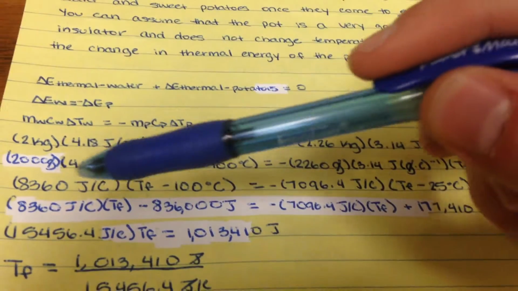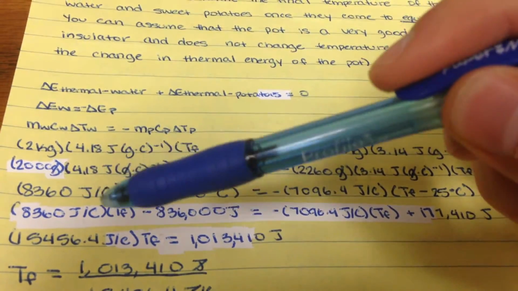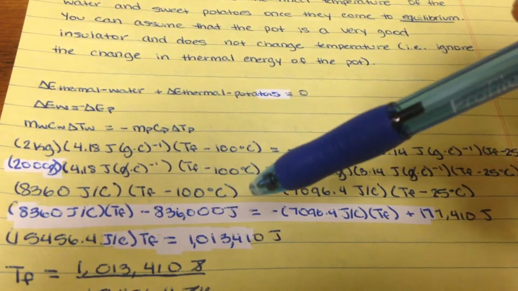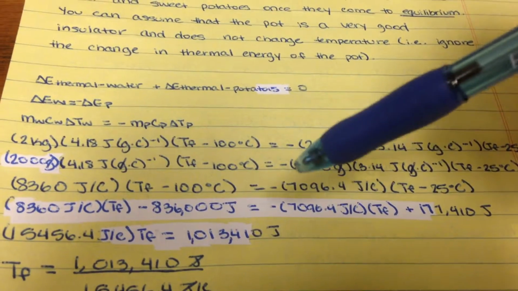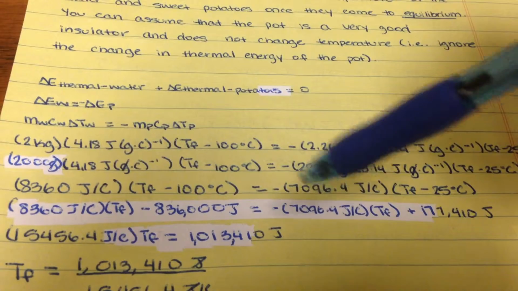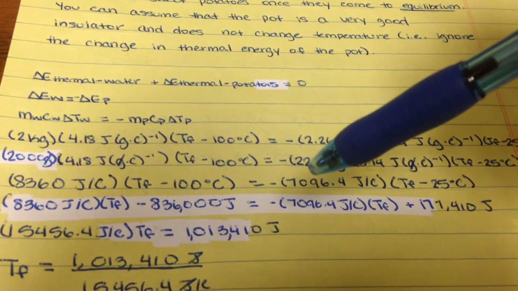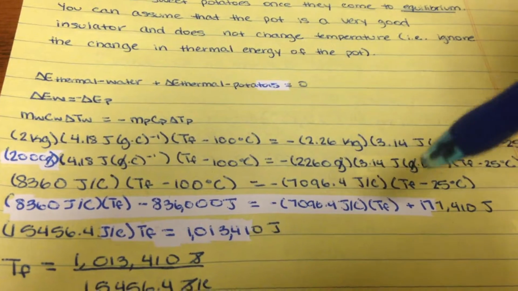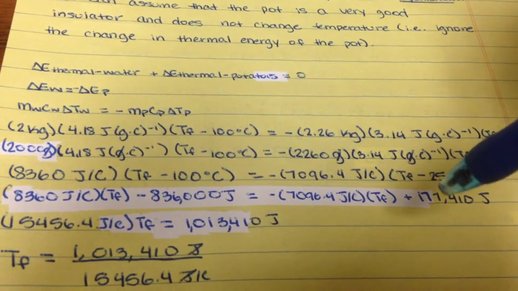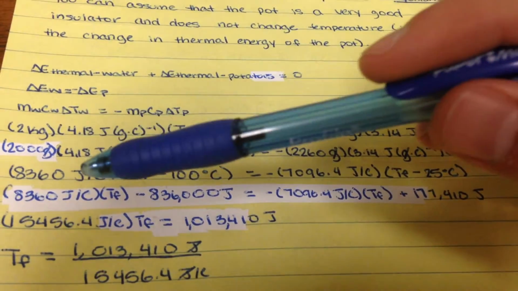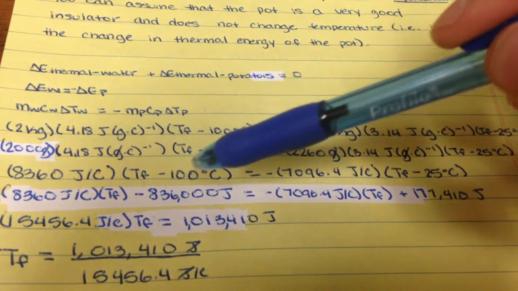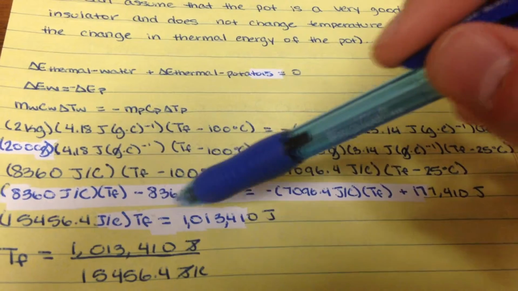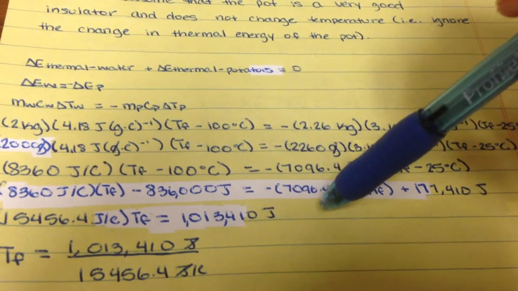After all this, you get 8,360 joules per degree Celsius equals the quantity TF minus 100 degrees Celsius. And on the right side, you have to have that negative sign still there: negative 7,096.4 joules per degree Celsius equals TF minus 25 degrees. Then you have to distribute like terms, so that TF becomes part of this quantity, and you have your energy right here, and the same thing for this side.